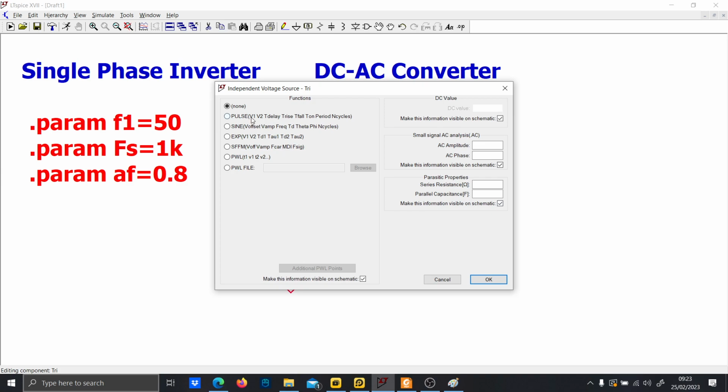Let's use the pulse, and to generate the voltage of the triangular waveform, just put a value between 0 and 1, and a rise time of 1 over 2 times Fs, and the same for the fall. The on period is just 1 nanosecond, because you don't need something so spiky, and a period of 1 over Fs.